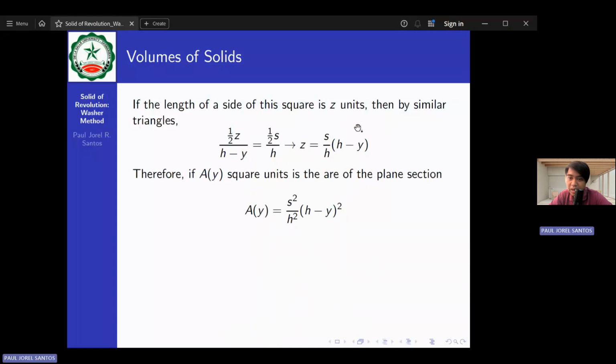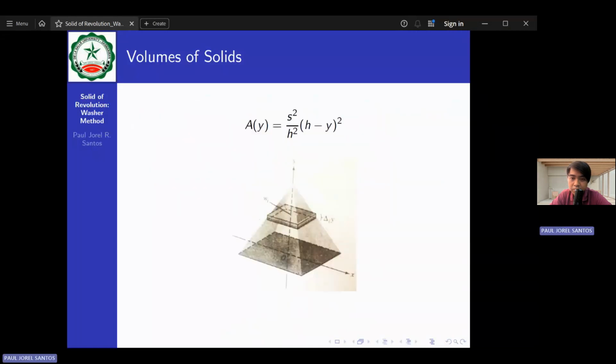Squaring this value will give us s squared, s times s is s squared, divided by h squared. The denominator has been squared. Also, the difference of h and y will also be squared.